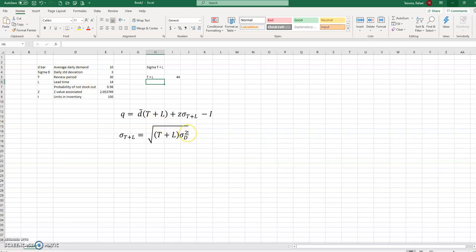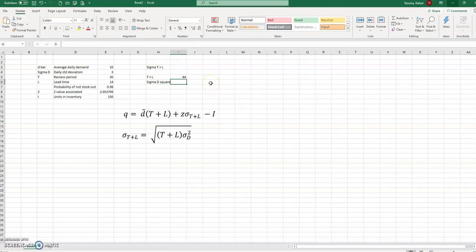I'm going to square that to get the variance. So let's call this sigma d squared, which is simply sigma d multiplied by sigma d, the daily standard deviation.